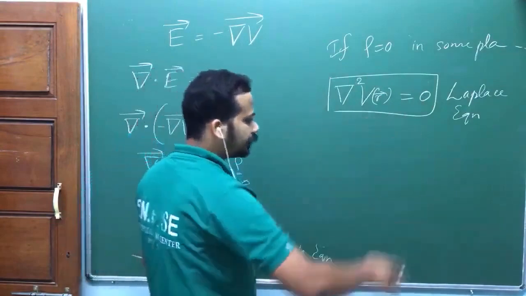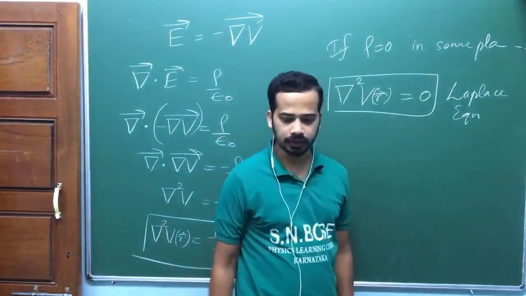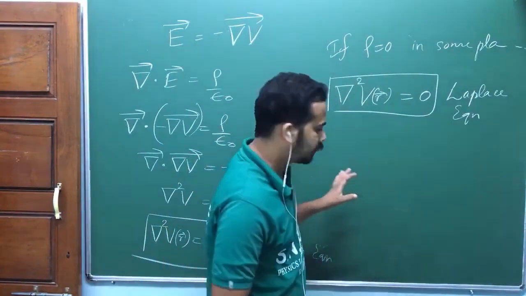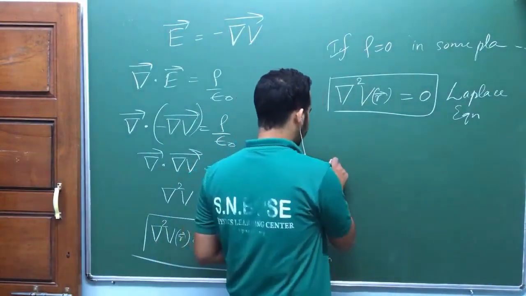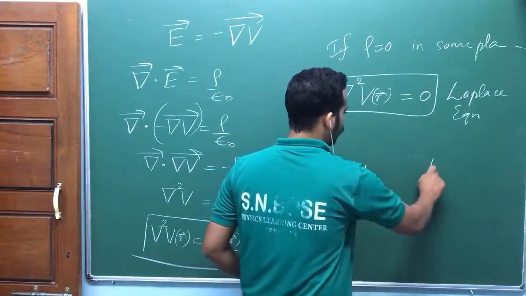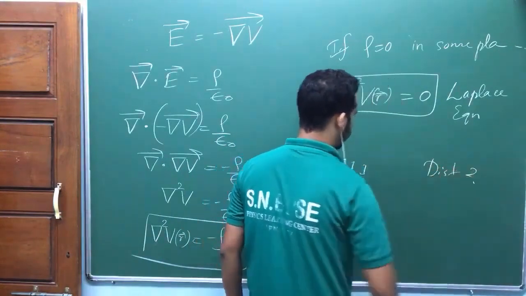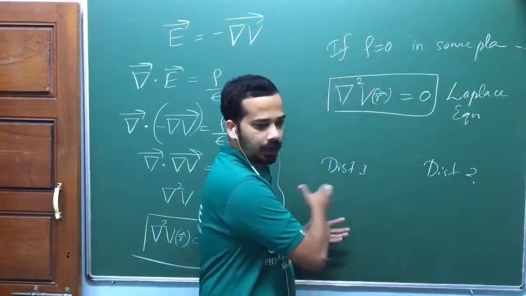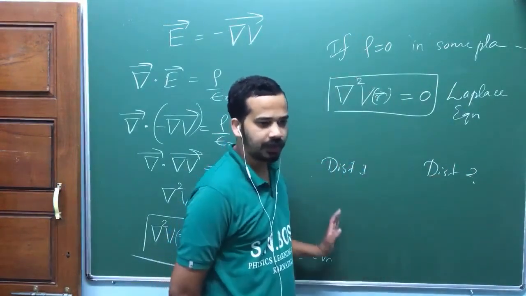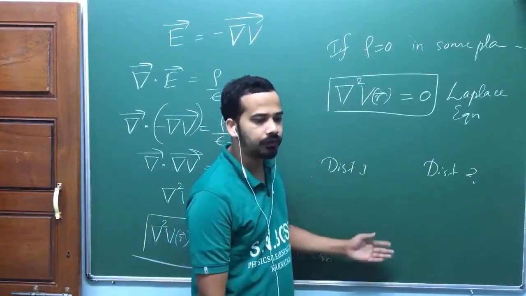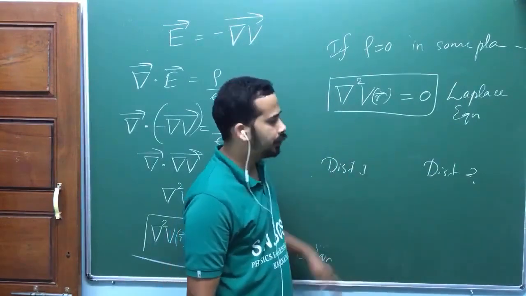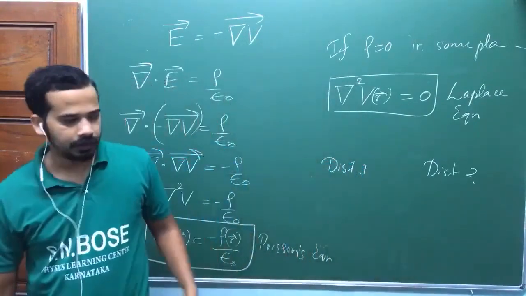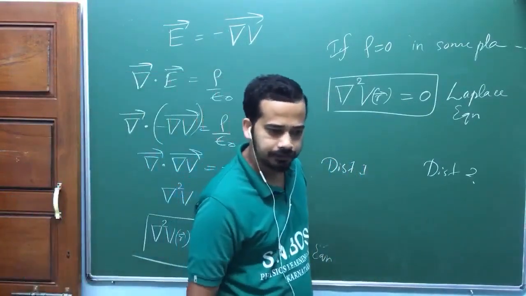I will take a spatial point away from the charge distribution where there are no charges in both cases. In both cases the same equation is followed, isn't it? Then in both cases the potential is the same.